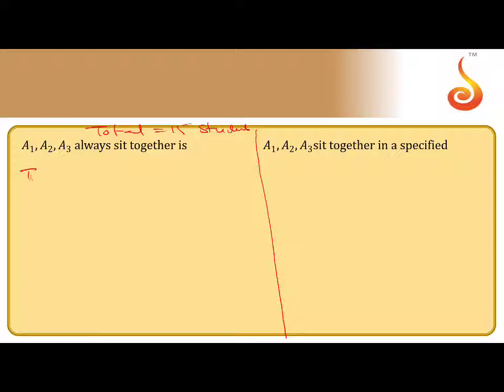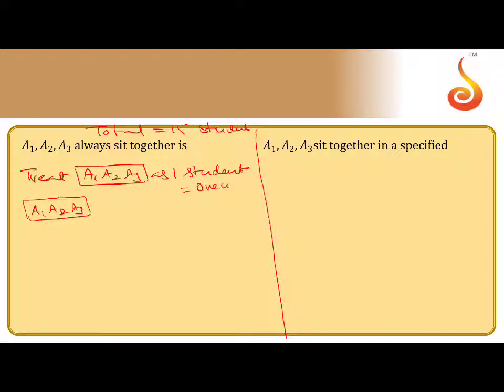Together means treat A1, A2, A3 as one student, as one unit. 1 unit plus the remaining 12, total 13 students are there.